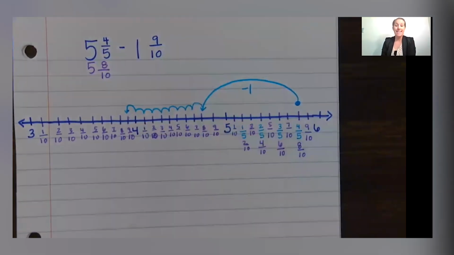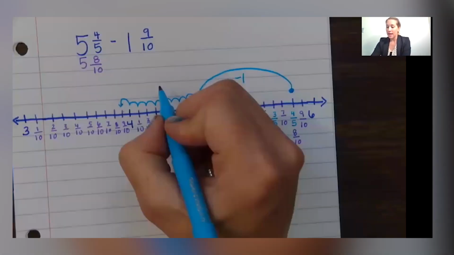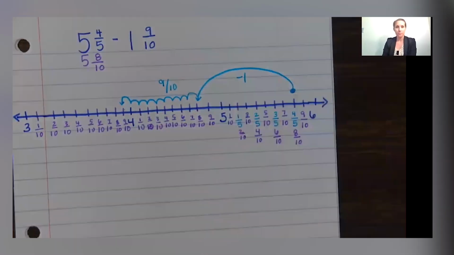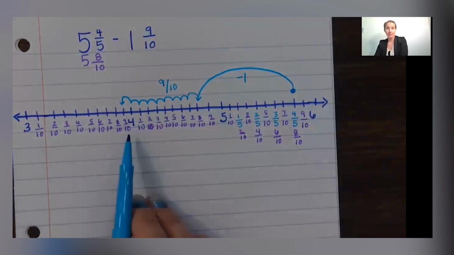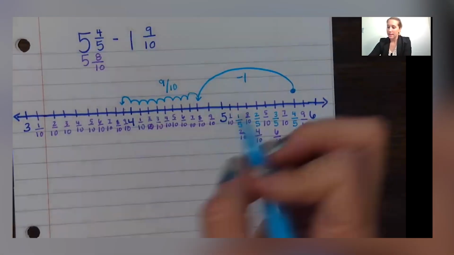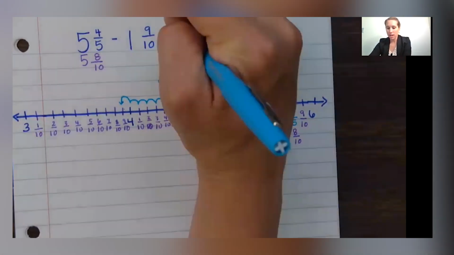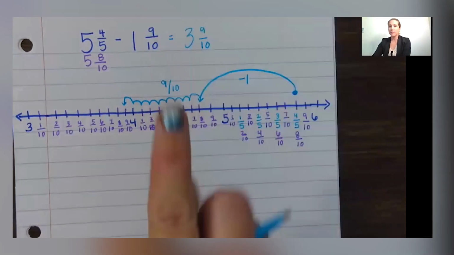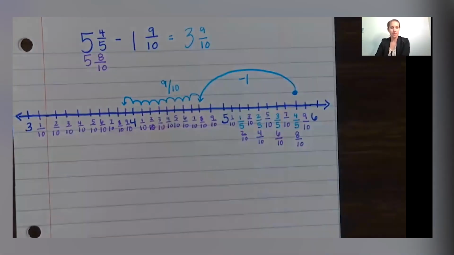When I go back 9/10, so I've taken away 1 and 9/10, where did we end up? That's right, good job. We did end up at 3 and 9/10. So I could say that the difference is 3 and 9/10 because that's where we landed.